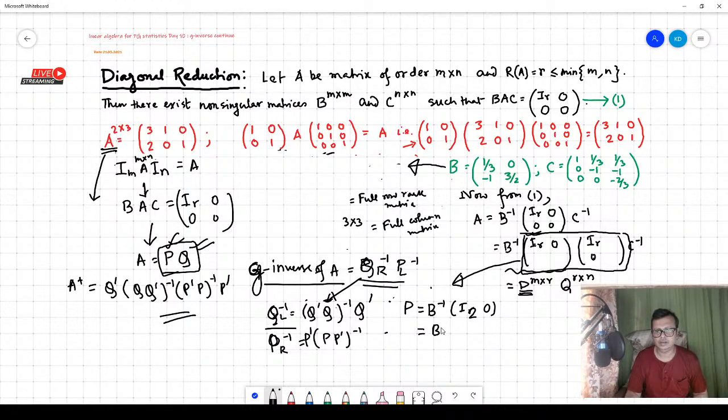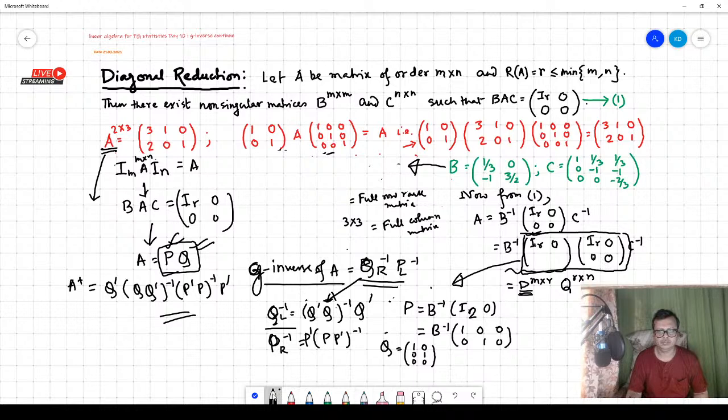So P inverse 1 0, 0 0 1 0, and Q equal to 1 0 0 1 0 0. But Q is a 3 cross 3 matrix, so we need this.